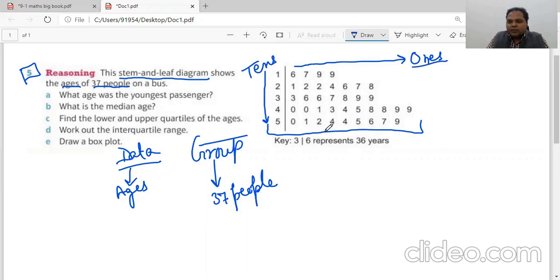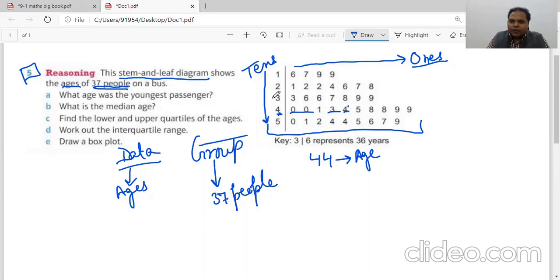Now what does it mean? It means that if I take 4 from here, in the same stem I take 4 as a leaf here, and this 4 from the stem, that means I'll write this as 44, and this is the age of one of the persons from these 37 people.